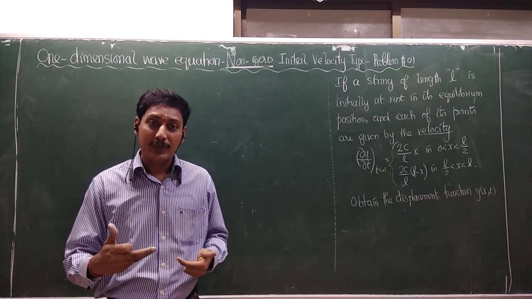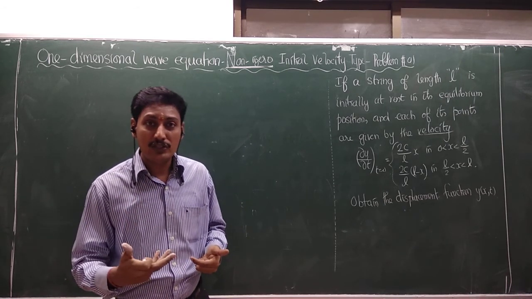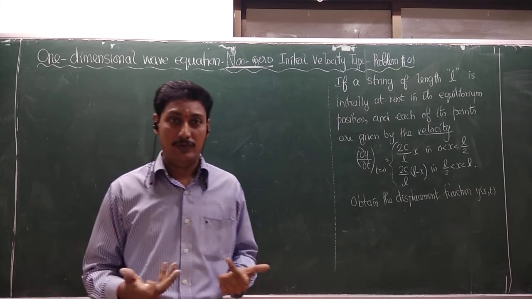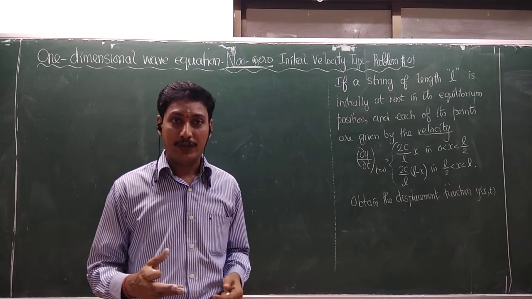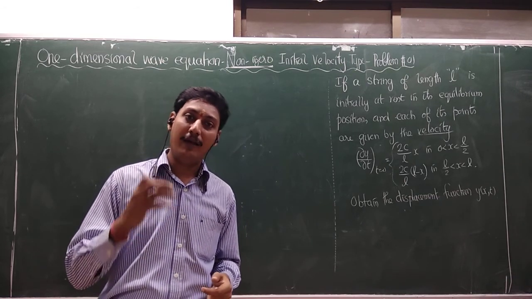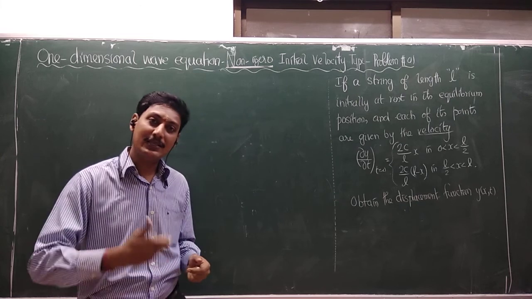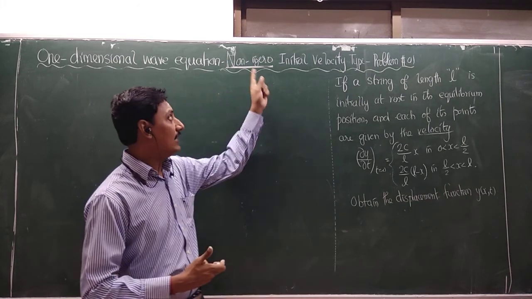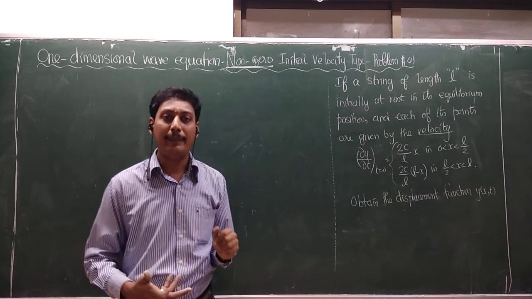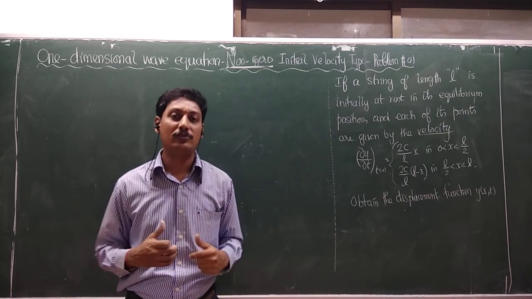At that time, the displacement function becomes zero. So how are we going to solve this type of one-dimensional wave equation by giving some velocity? Initially, the velocity is non-zero. What happens to the displacement function?